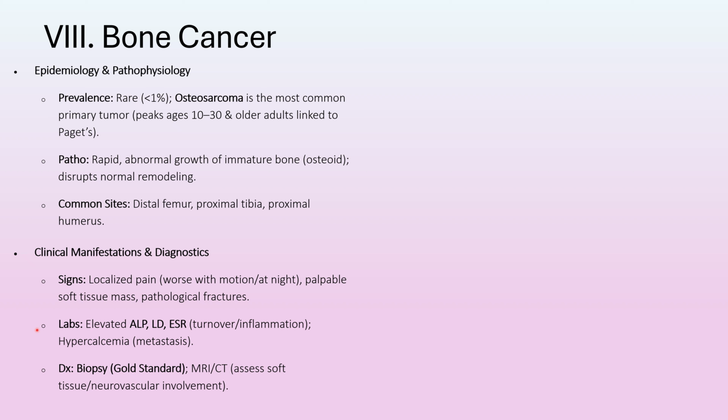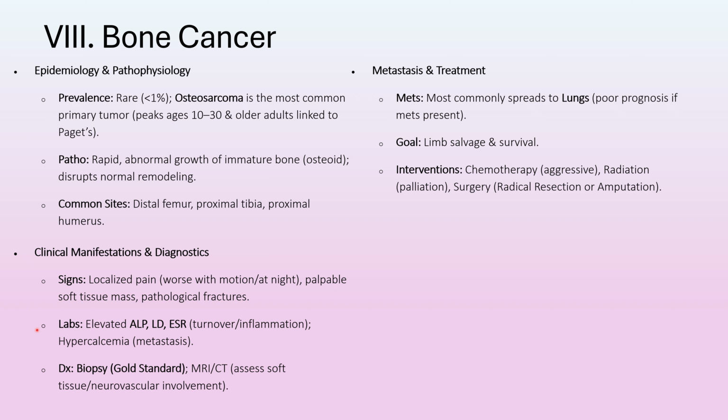The prognosis and treatments. Metastasis most commonly spreads to the lungs, often within 2 years if untreated. Treatment goal: destroy tumor, limb salvage, and survival. Chemotherapy: multi-agent aggressive therapy to destroy cells and prevent metastasis.